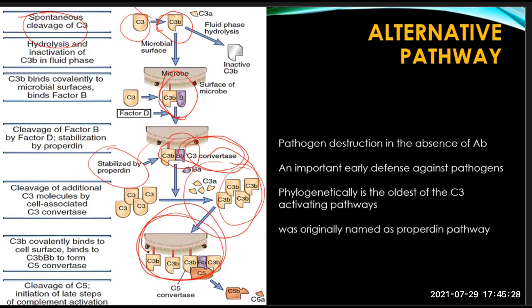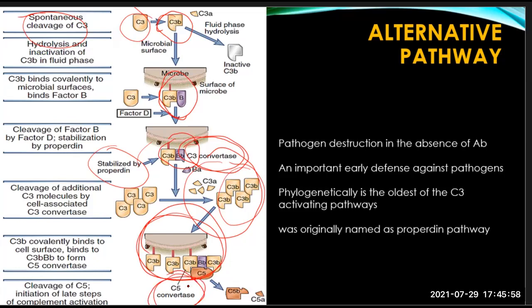Those C3bs formed after the cleavage of C3 by the C3 convertase will be deposited, and they will bind to the microbial surface and then participate in the formation of a C5 convertase.